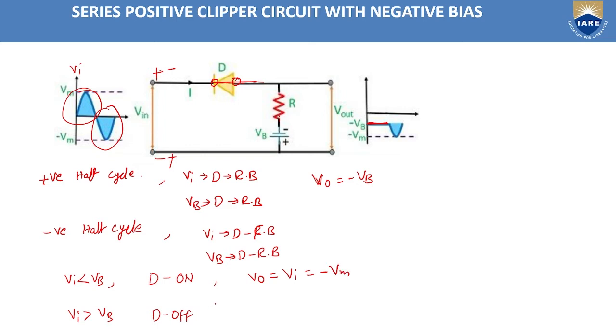Once the input voltage exceeds the battery voltage, again the diode is in the off state, that is nothing but output equal to 0 volts. That is, during the negative half cycle we are getting the output as minus V, from VB to minus V. If it exceeds, again we will get it as VB. And if it is the positive half cycle, we will get it as 0.